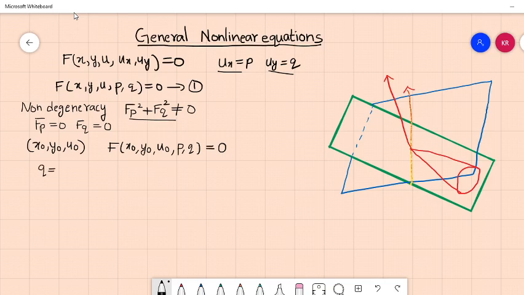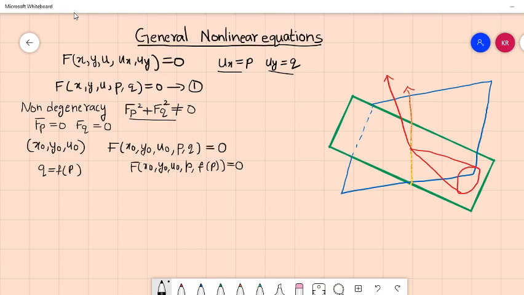So it means that q and p are not independent. This can be written as f of x naught, y naught, u naught, p, f(p) equal to 0. So we see that as p varies, this represents a one parameter family, and since there is only one parameter, p is that parameter.